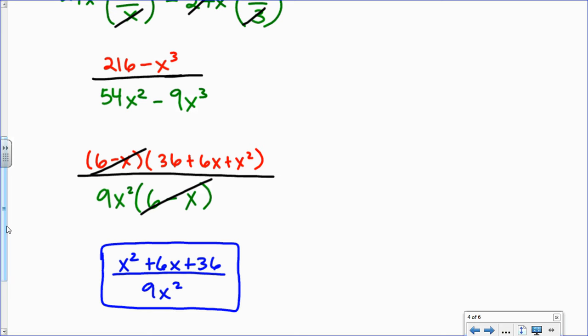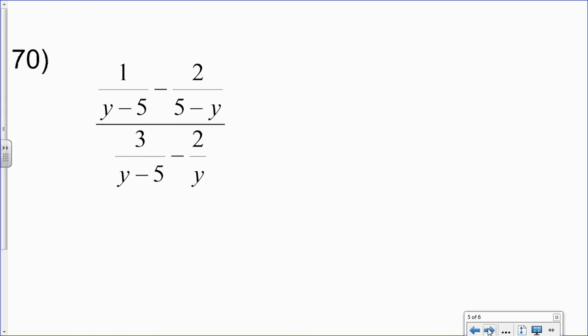Okay. Let's look at this problem. I'm going to use method 1 here. But first, before we do any method, I'm going to do a little bit of manipulation because I want to write this in the other order.